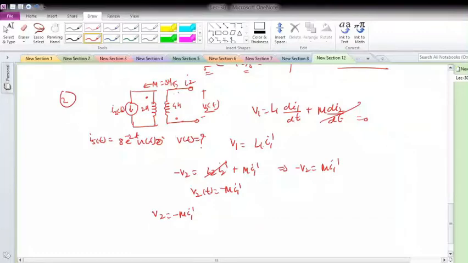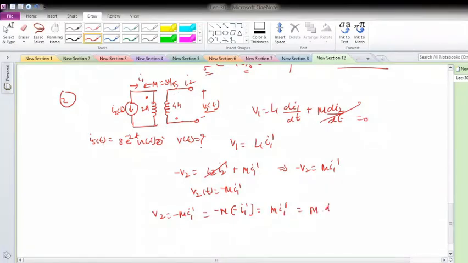And what is I1 dash? I1 dash is nothing but Is, and I observe that Is is opposing the I1 defined in our convention, so I1 will be considered negative. So this is minus M, and it will be minus I1 dash, which will be M I1 dash, and I know that it is 8 e raised to minus 2t into u(t).